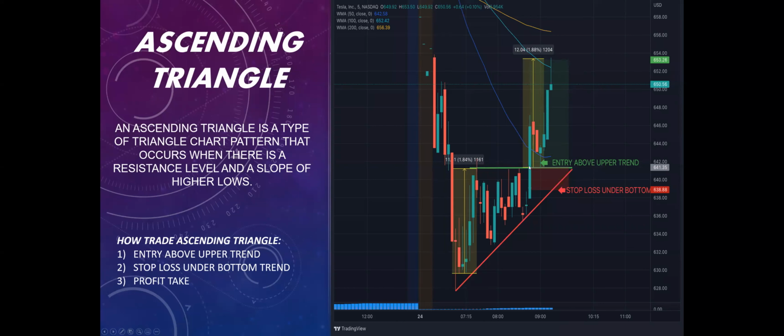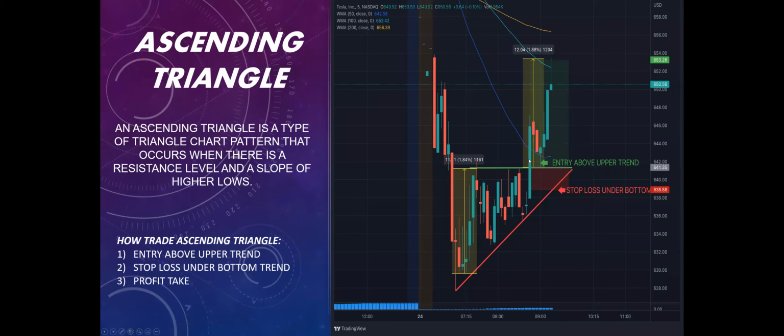How do we confirm a breakout? What I personally use is the 2 minutes or the 5 minutes, depending on the time frame that I'm watching. But let's say I'm watching this on the 15 minutes time frame. I watch the 5 or the 3 minutes for an entry. I want to see a green candle break and hold the resistance level, which is the green line right here.